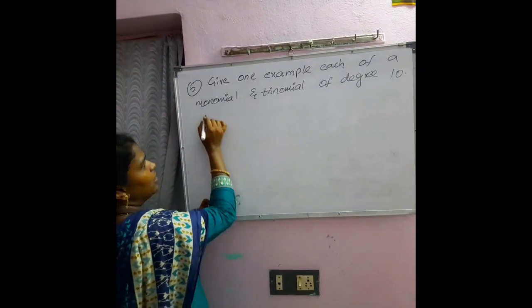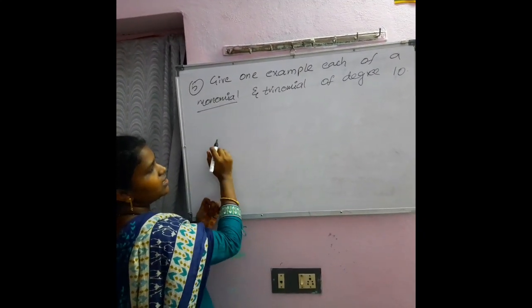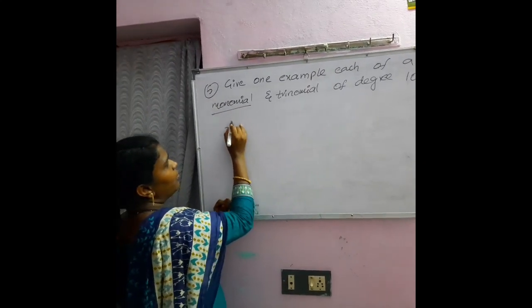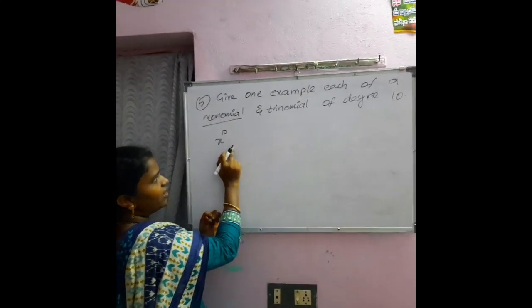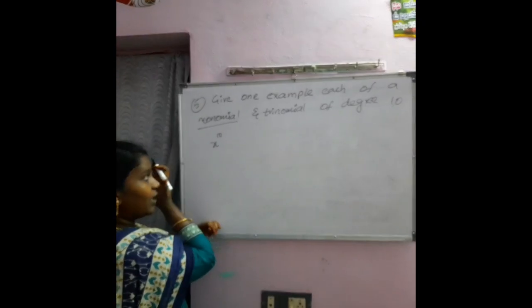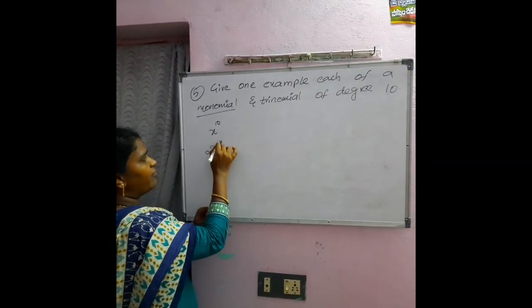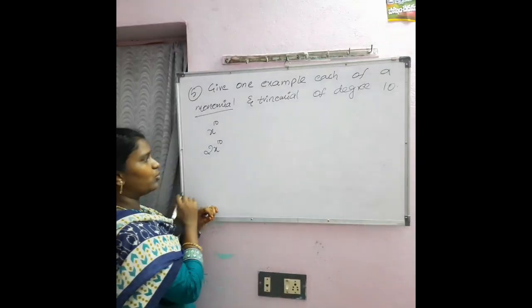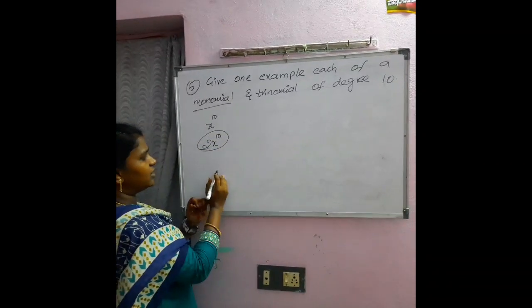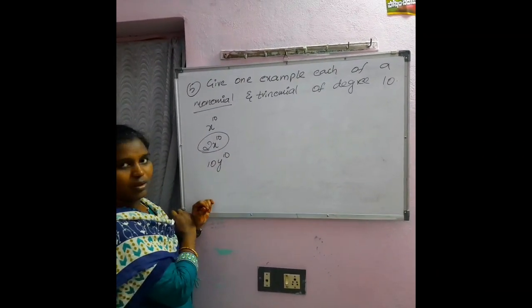So for a monomial, I have to give the degree as 10. So x to the power of 10, having only one term and the degree is 10. It is a monomial of degree 10. Or I can take 2x to the power of 10. It is a monomial having only one term. And 10y to the power of 10 is also a monomial.